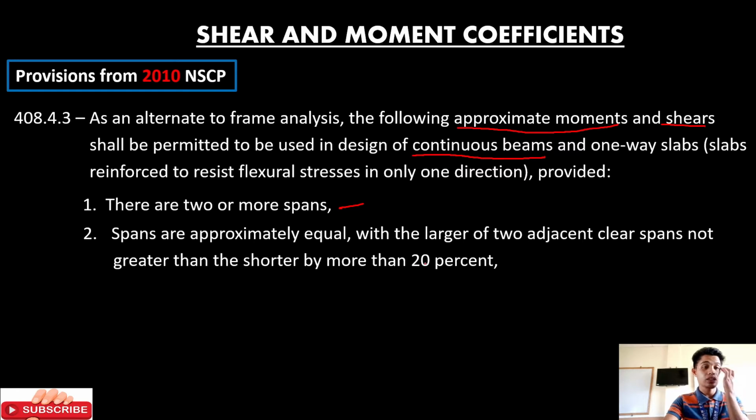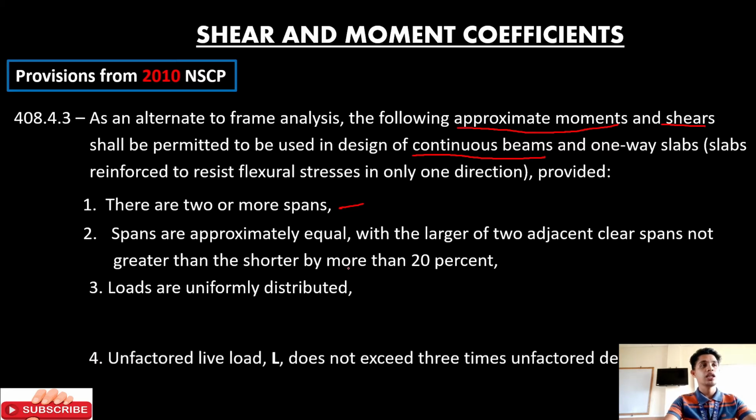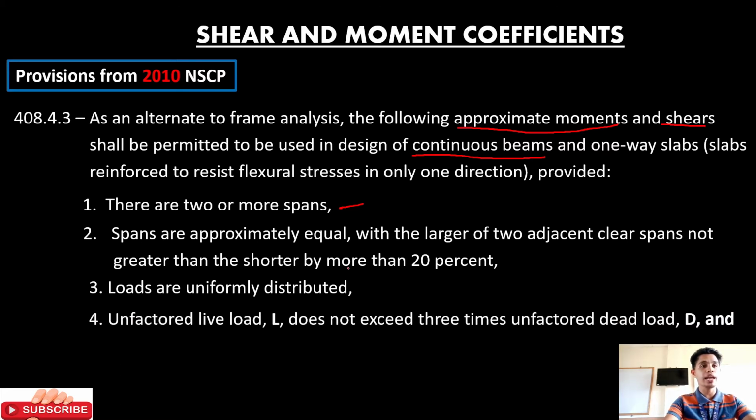Okay? So, yan. Number 3, loads are uniformly distributed. So, lagi namang uniform load natin, dead load, live load, lagi namang uniform yan. So, kapag mayroon tayong concentrated load, hindi pwedeng gamitin yung ating shear moment coefficients. Number 4, unfactored live load or yung L does not exceed 3 times unfactored dead load.